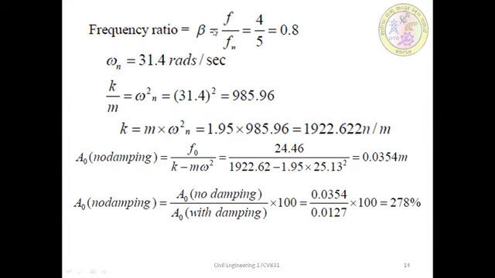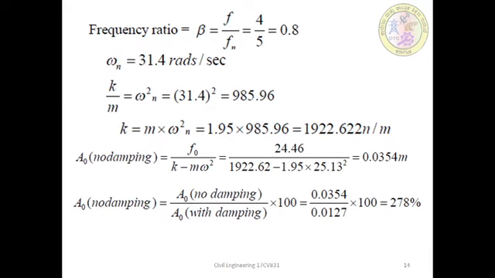Now the frequency ratio: the forcing frequency is 4 cycles per second, and at C equal to 0 we have fn as 5 cycles per second.